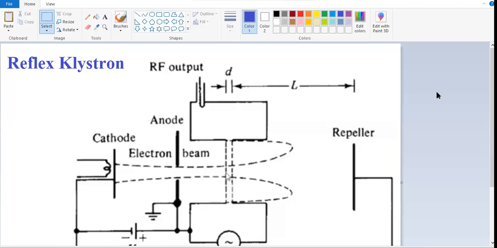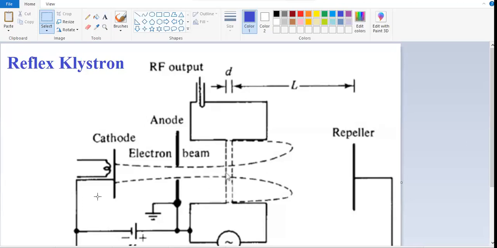If a fraction of the output signal is fed back to the input, then that amplifier will be a reflex klystron. So here it is an oscillator.